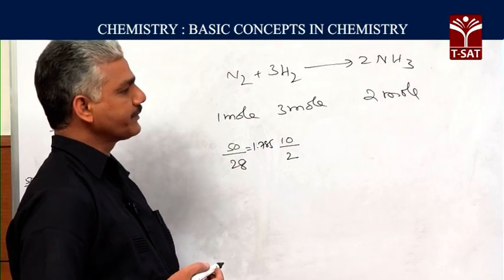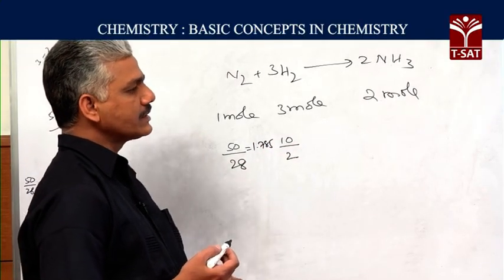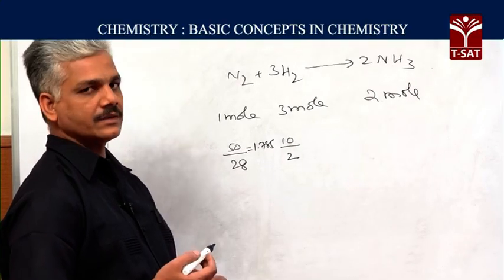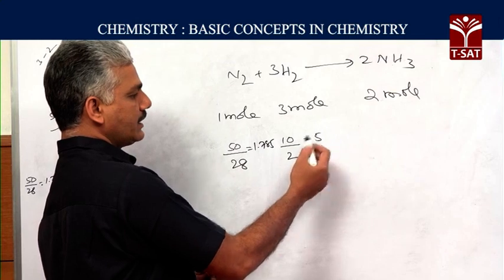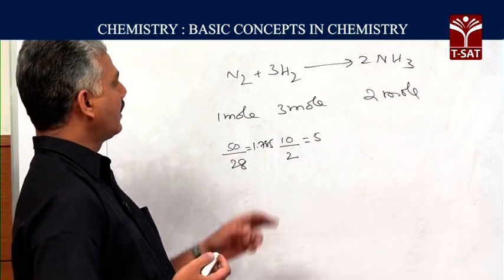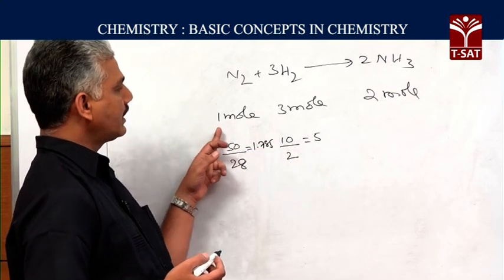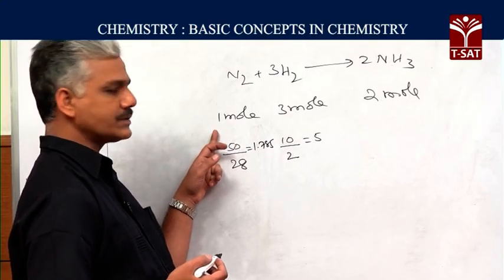1.785 moles of nitrogen. Number of moles of hydrogen, 10 grams of hydrogen is given. So, number of moles will be 10 by 2, that is 5 moles. 3 moles of hydrogen can react with 1 mole of nitrogen.